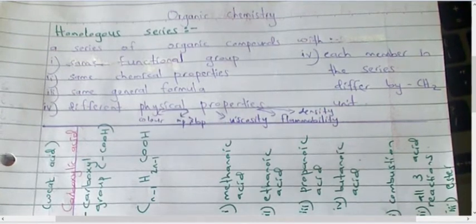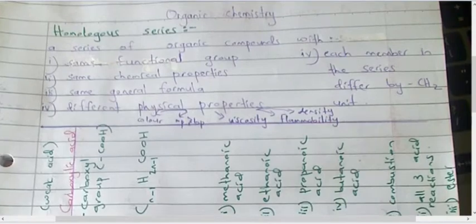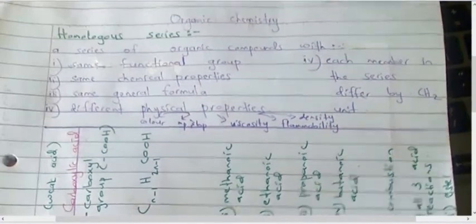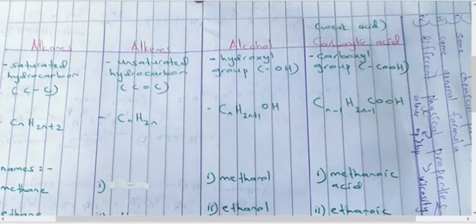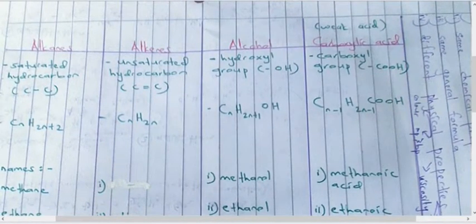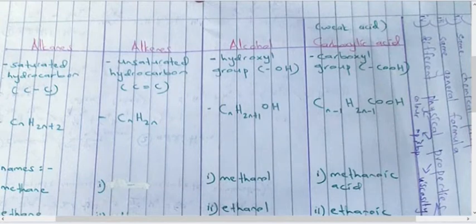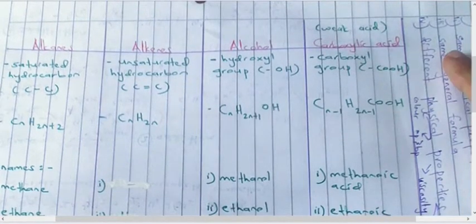So let's see the 4 different homologous series, or families, that you need to know: alkanes, alkenes, alcohol, and carboxylic acid.